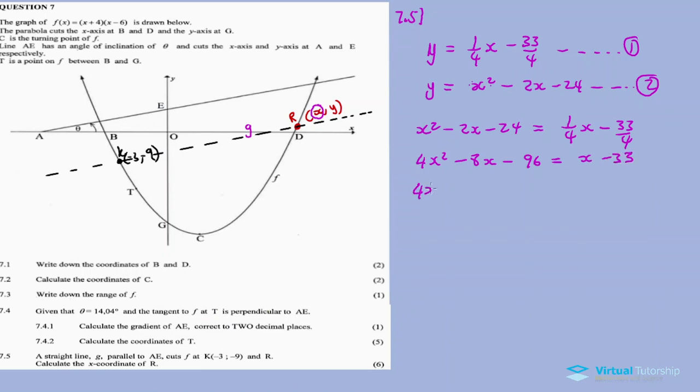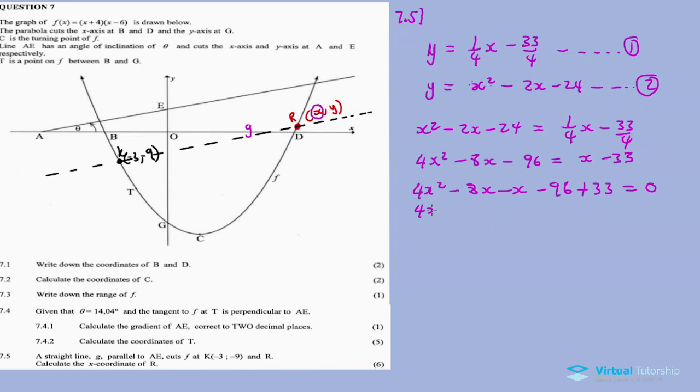Then 4x squared minus 8x minus x minus 96. The x goes to the other side, and negative 96 plus 33 is equal to 0.